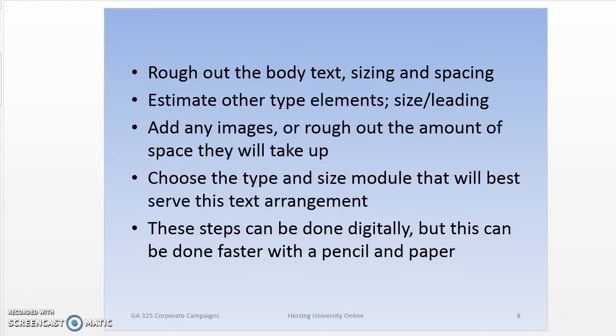Once this is roughed out, you can easily choose a modular size and grid type that will line up the page elements in the optimal manner. And once that is done, you can continue to make fine-tune adjustments by going back and forth between different text areas, such as your body copy, captions, and callouts.